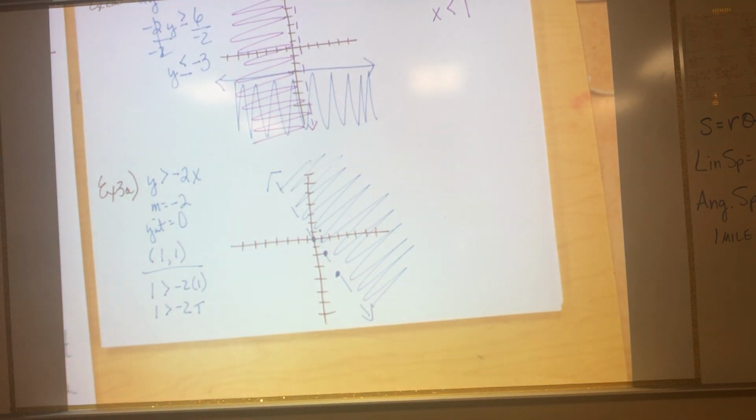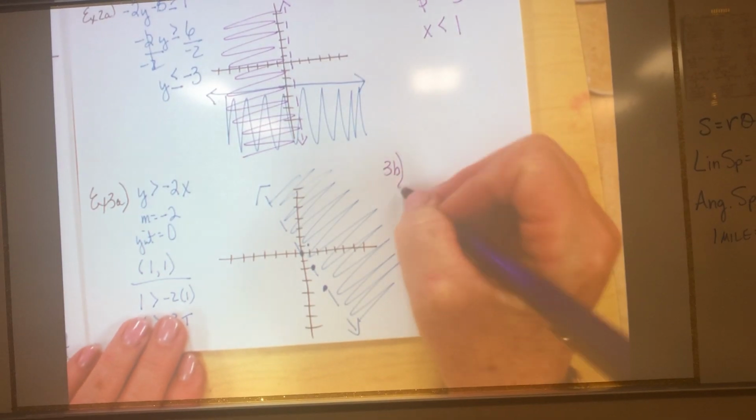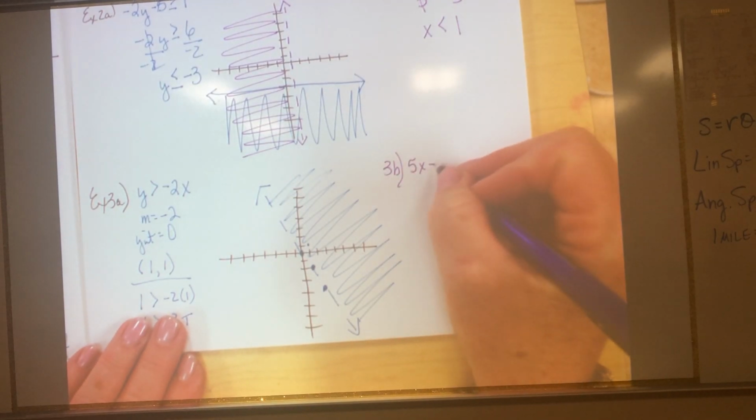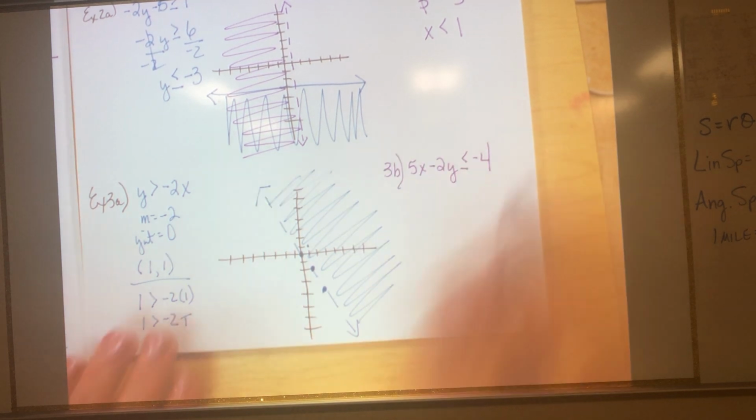Okay, here's yours. You're going to try this one. All right, are you ready? 5x minus 2y less than or equal to negative 4.